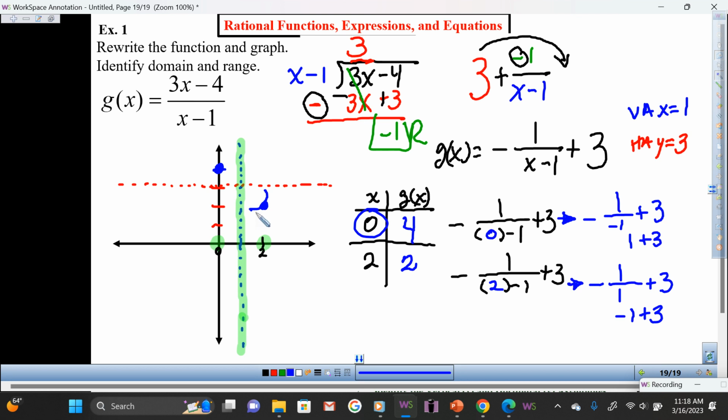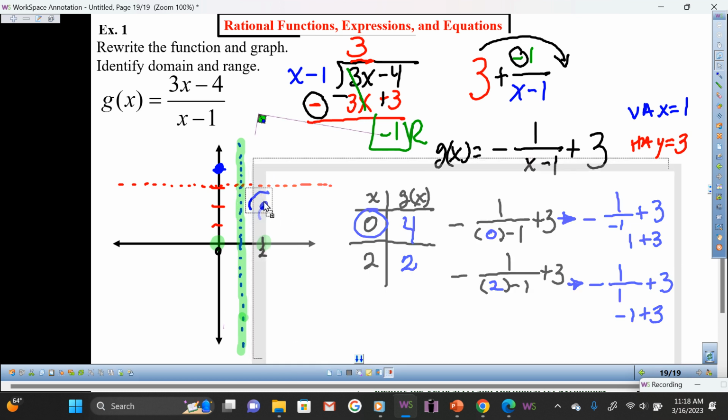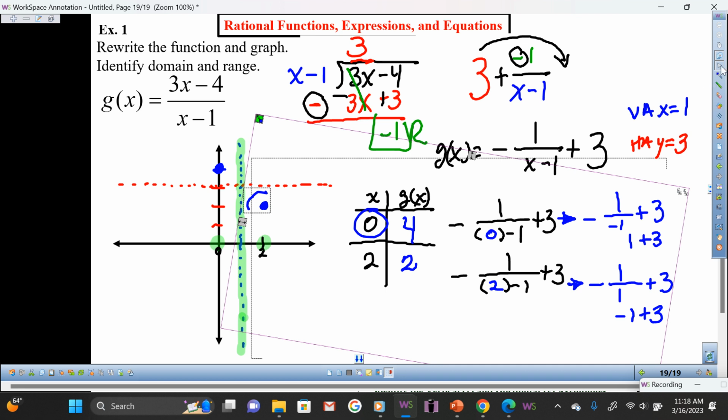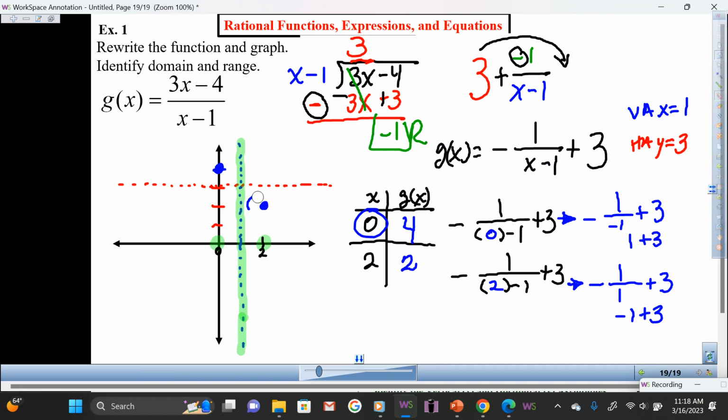It has to point away from those. So we graph it away from that corner, like so.